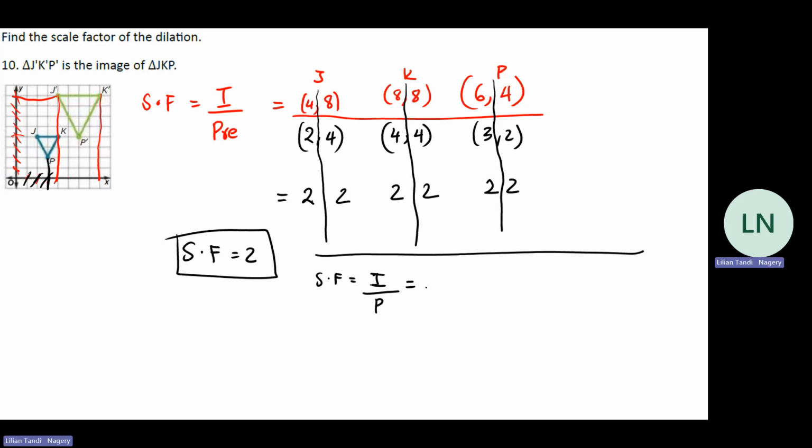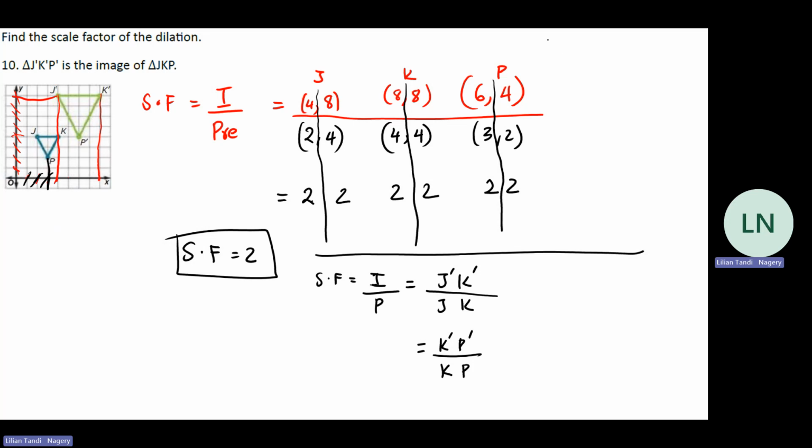So this is J prime K prime over JK. Now, remember you have to do it for everybody. Then you have to do K prime P prime over KP.